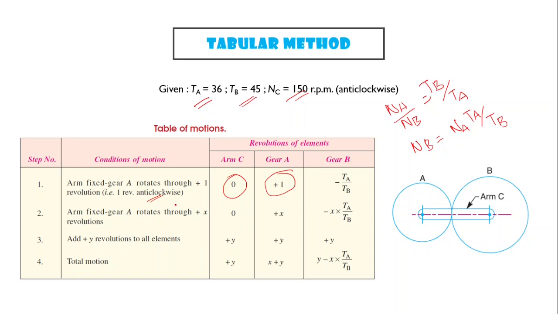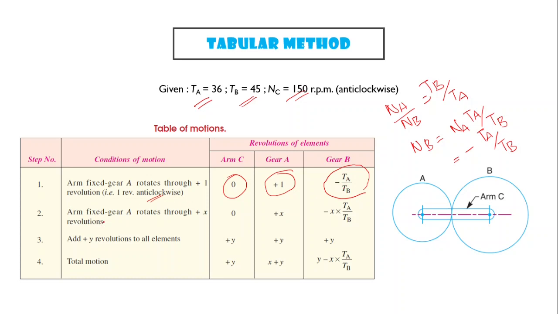Then NA is equal to plus 1, and NB is equal to 1 into TA by TB in negative, that means negative TA by TB. This negative sign indicates that the gear B rotates in clockwise direction. Then we can complete that row by putting minus TA by TB at this particular position.